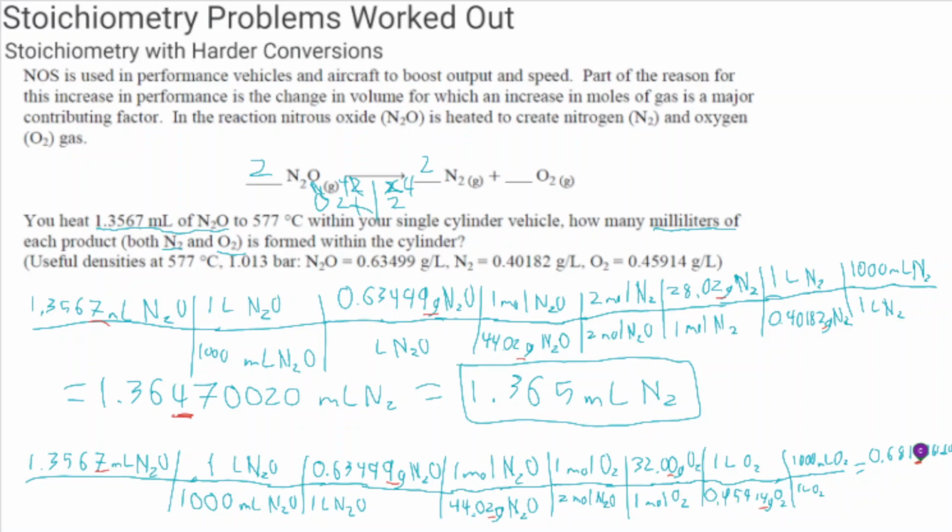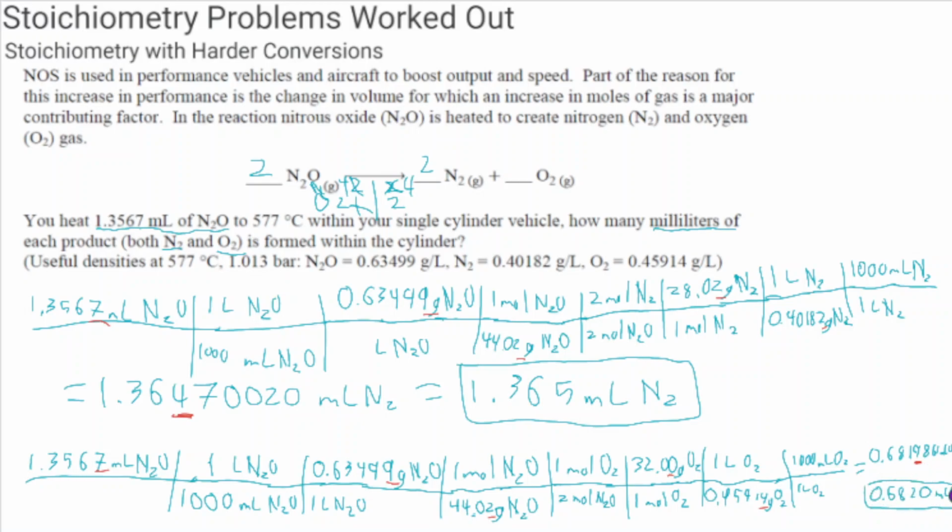So we're good to that 9. All right, so now we're going to have to round it, and we're going to get 0.682, and we need to go ahead and include that 0, even though that 9 rounded up, to show our level of precision. Milliliters of O2. So this is our second response.